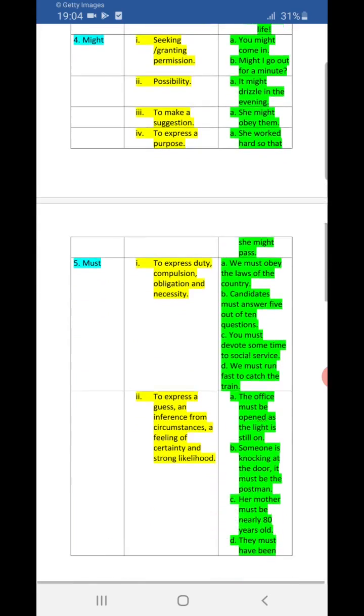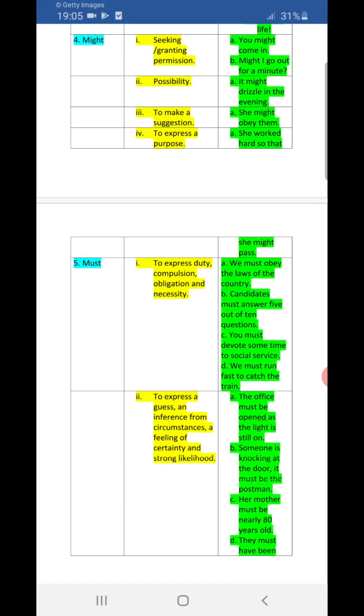Next one, number 5, must. Purpose number 1, to express duty, compulsion, obligation, and necessity.